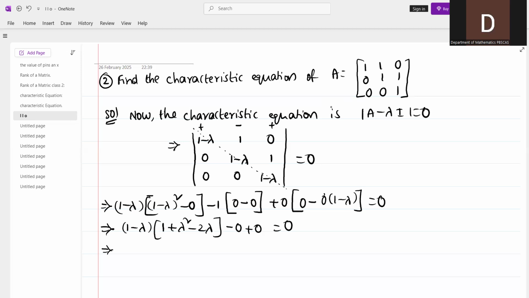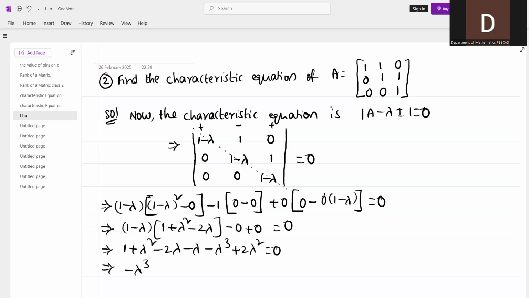That implies we can multiply each and every element in the given brackets. 1 into 1 is 1, plus lambda square minus 2 lambda, minus lambda into 1 minus lambda, minus into plus minus lambda cube, minus into minus plus 2 lambda square is equal to 0. And again write the highest powers first.